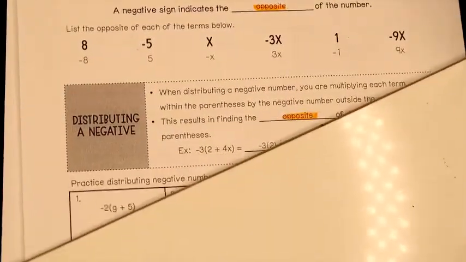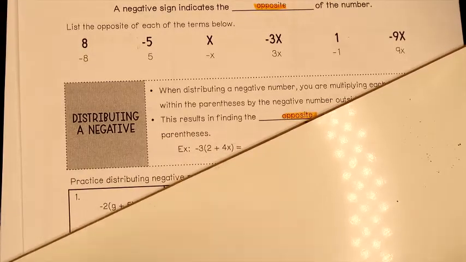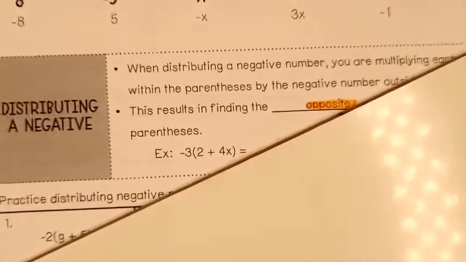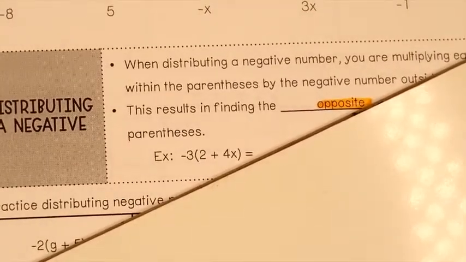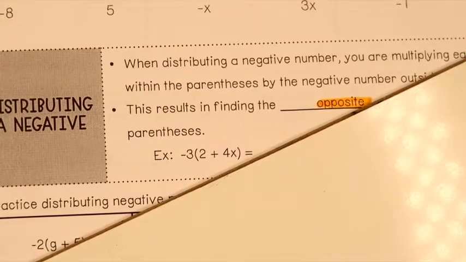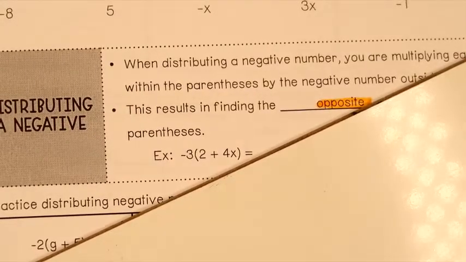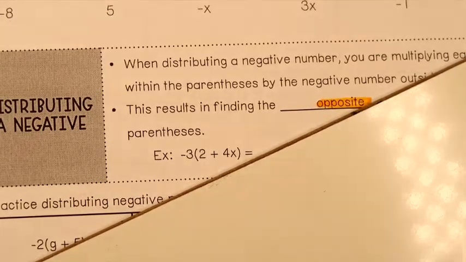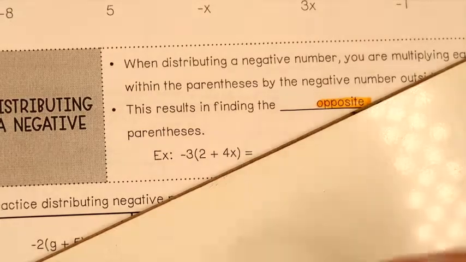Now, before you guys just go ahead and cheat and look at the answer, I want you guys to really pay attention to this example. Okay, we have -3, parentheses, 2 plus 4x, right? Let's write it down.